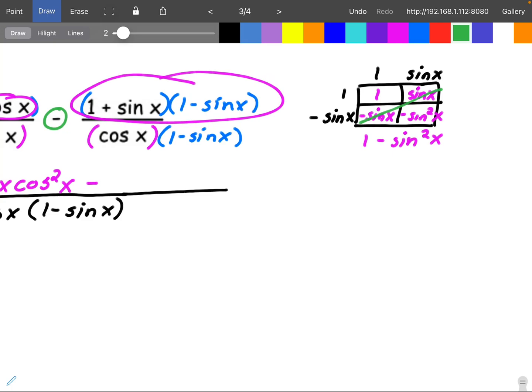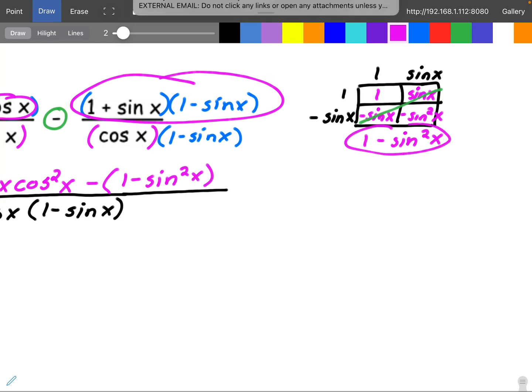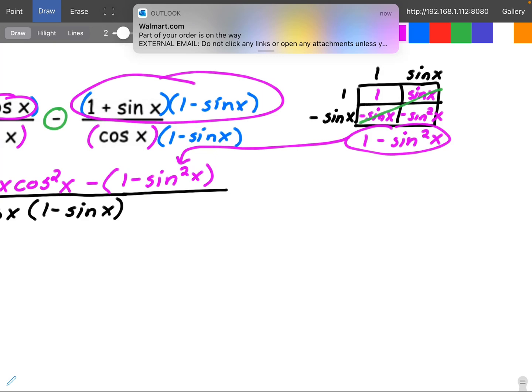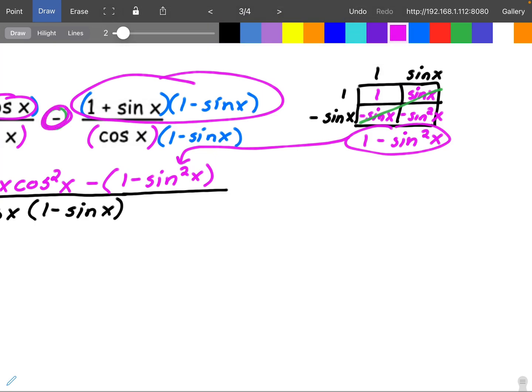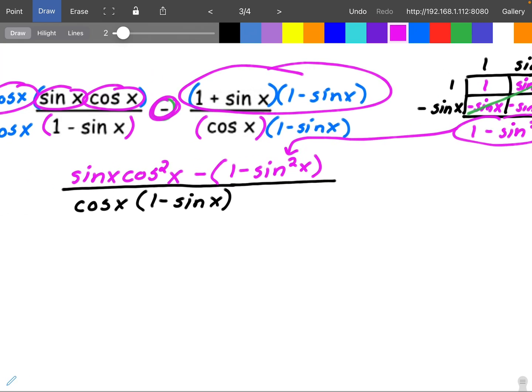So I'm going to go ahead and just write it out the way it is. So I have minus, and then that multiplies out to be 1 minus sine squared x. So this simply went here, behind the minus. So then, let's see what we can do from here.